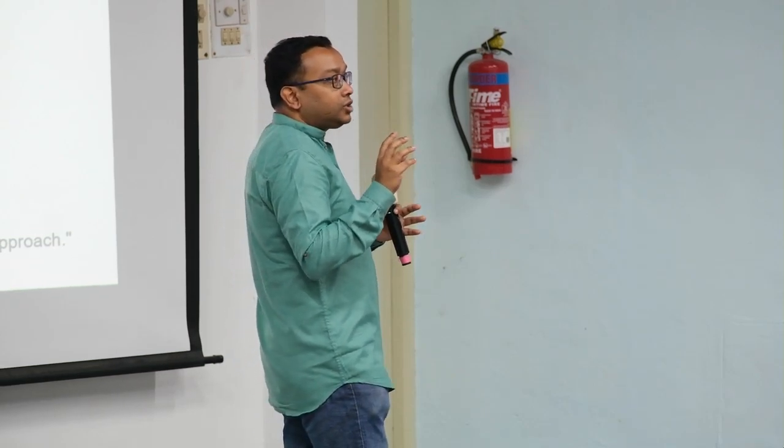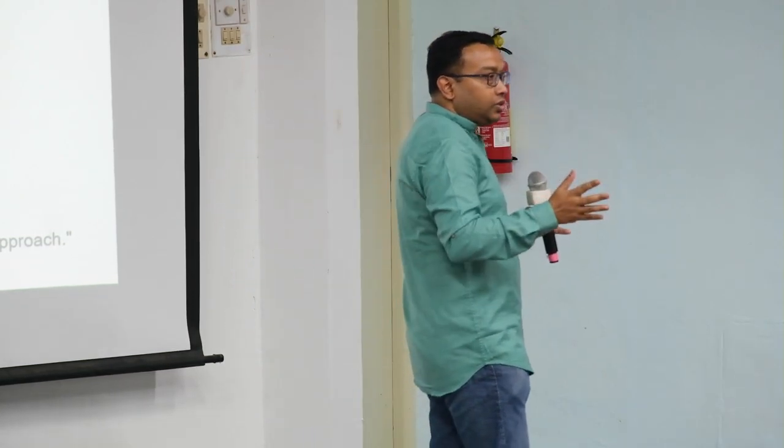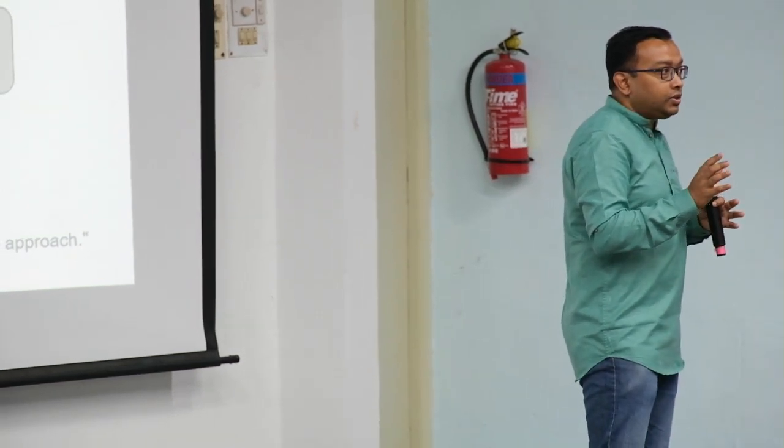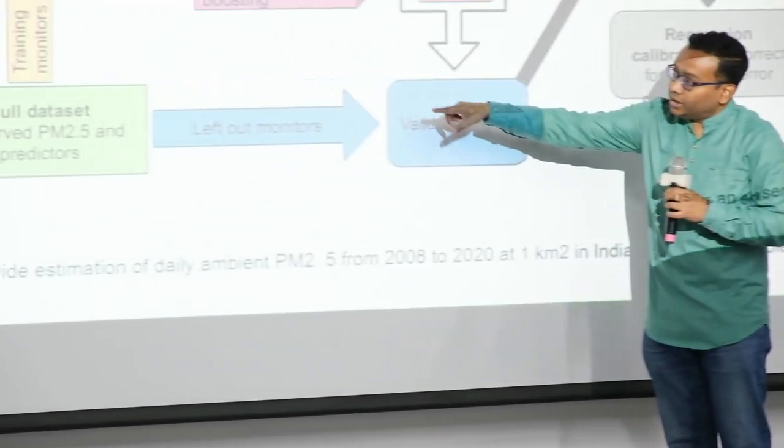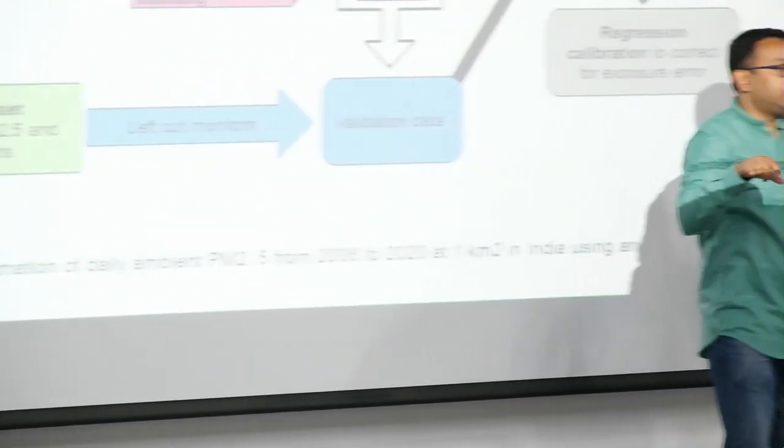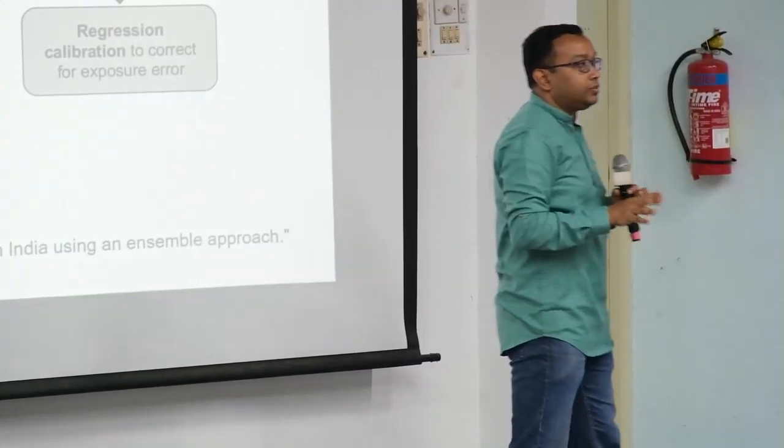The R square shouldn't be calculated in the whole data set. If you left out a part of the data set, build your model and then test on the remaining data set, that R square is much more valuable to figure out whether a model is good or not, a predictive model. So that's why we are leaving out the monitors, getting the predictions, comparing the observed and the predicted in the left out monitors.